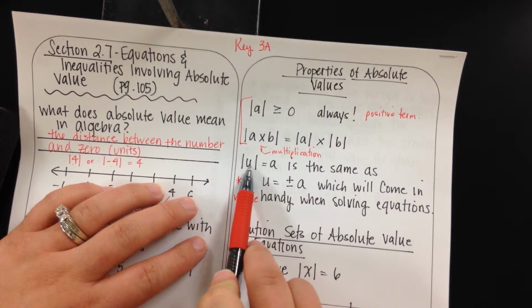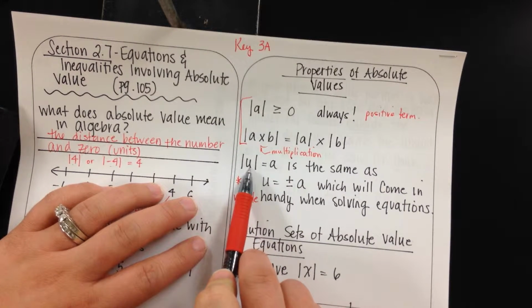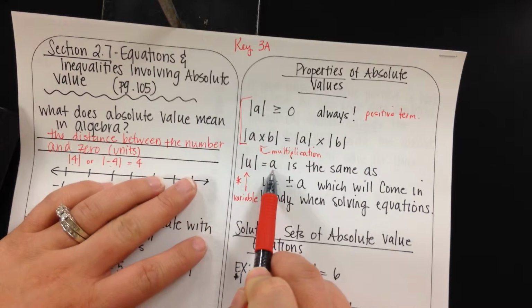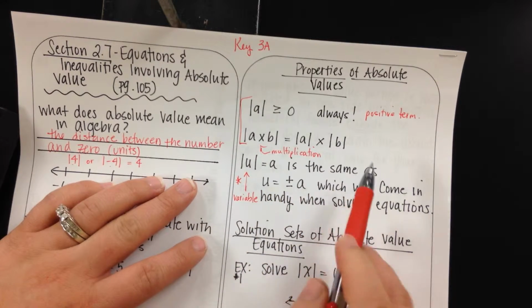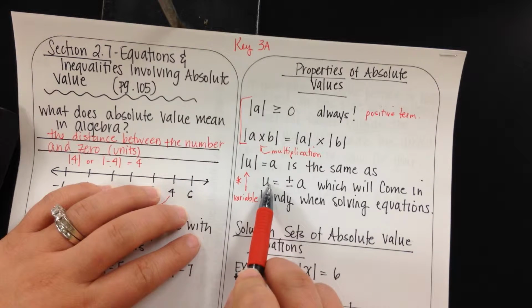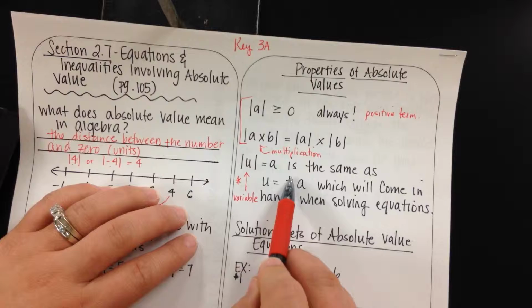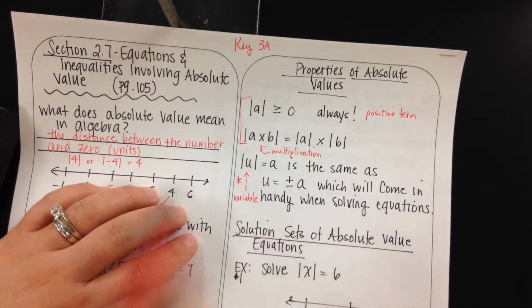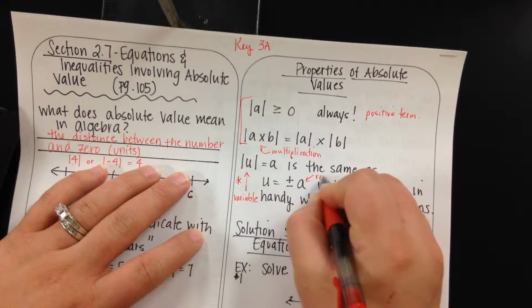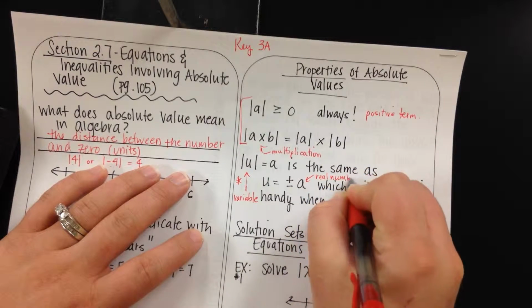So the absolute value of any variable, equal to some real number, is the same as taking the absolute value bars away and setting that variable equal to the positive and negative version of your real number. This right here represents a real number.